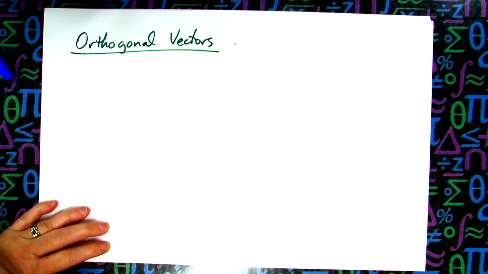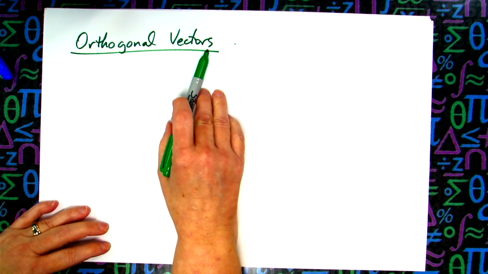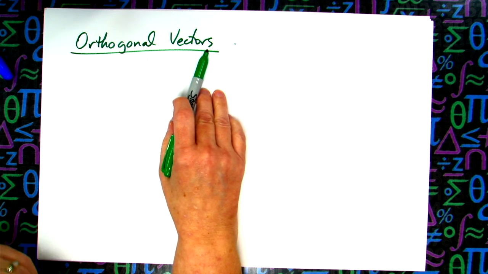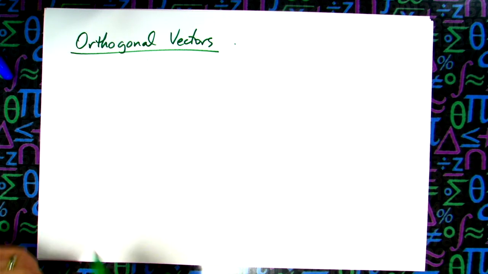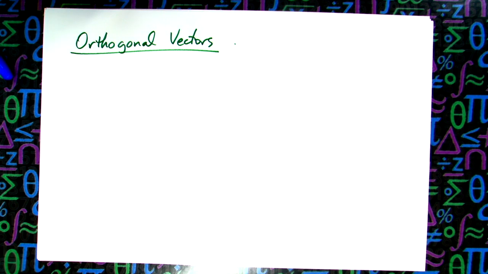Okay, orthogonal vectors. Obviously, I've got a plural. I got an S on there, so it means I've got two vectors. Anytime I have two vectors and the angle between them is 90 degrees, then they're called orthogonal.